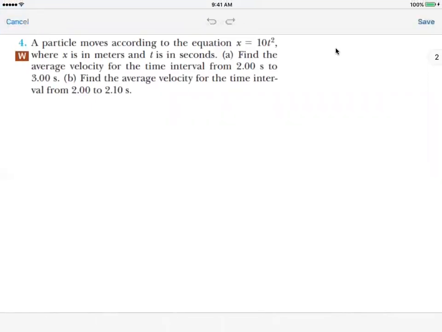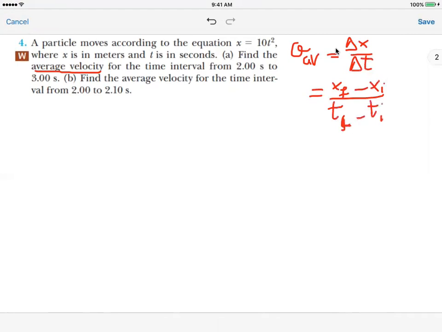What we have to determine in both parts is the average velocity. Of course, you all now know what the average velocity is. As we have defined it, it is delta x divided by delta t, where delta x is x final minus x initial, divided by t final minus t initial.